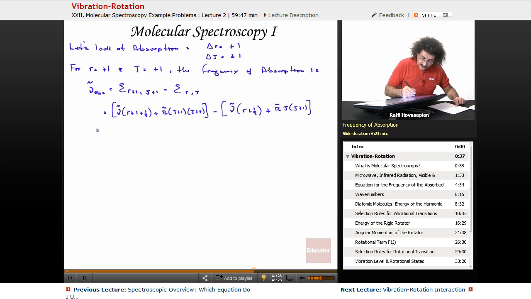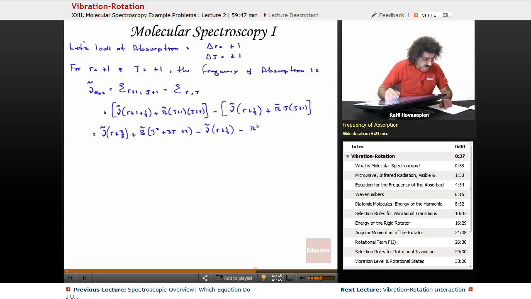That's not a problem. So this is equal to nu tilde times R plus 3/2 plus B tilde times J squared plus 3J plus 2, minus nu tilde times R plus 1/2 minus B tilde times J squared plus J. I distributed the minus sign over both.